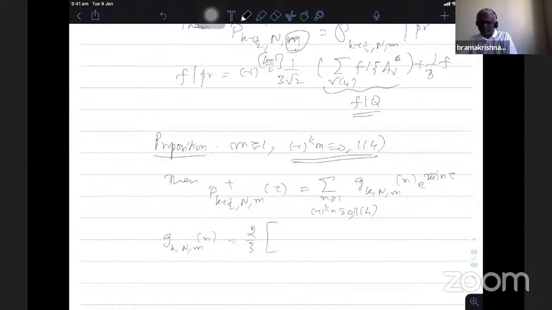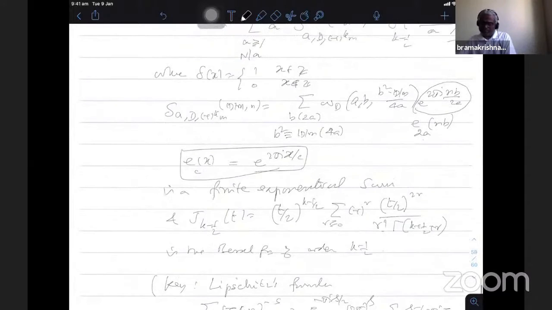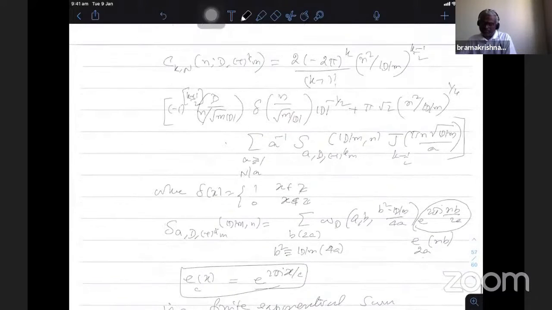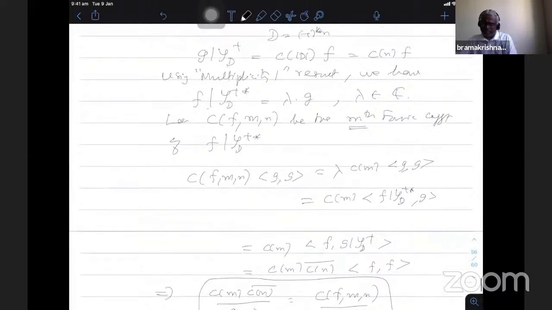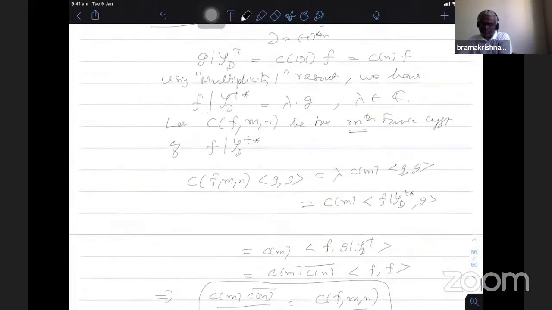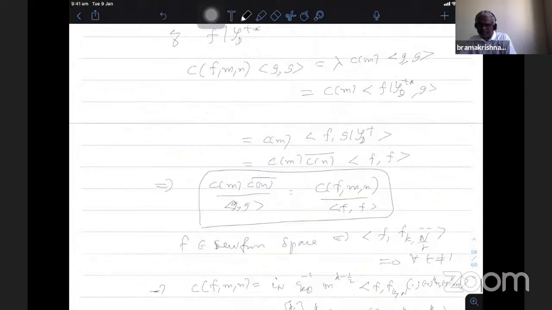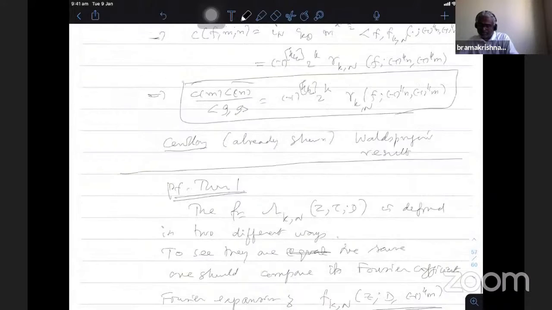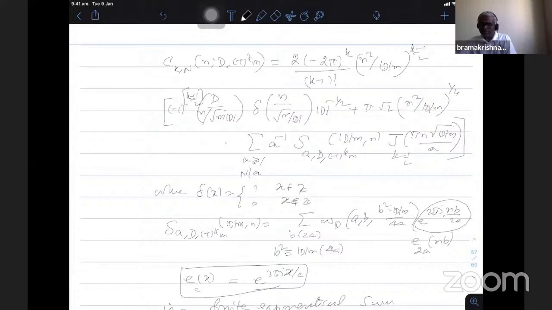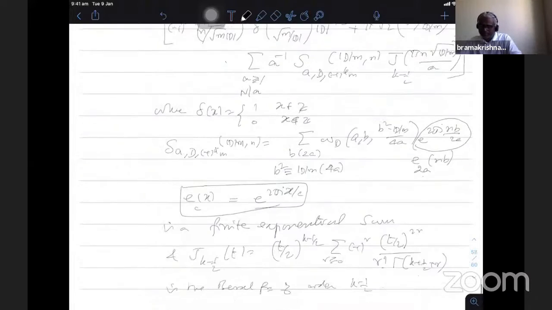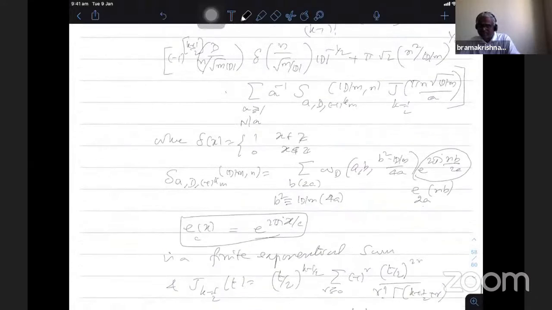Since we are looking at the omega function, there is a summation over t dividing N, and another summation over d dividing N. This type of finite divisor sums are there in between, but inside there are functions and Fourier coefficients for f. Just now we saw it has two big components, one coming from the Kronecker delta, the other one a finite exponential sum. Surprisingly, for the Poincaré series also, it has again two terms.